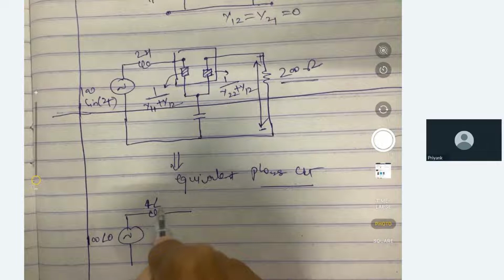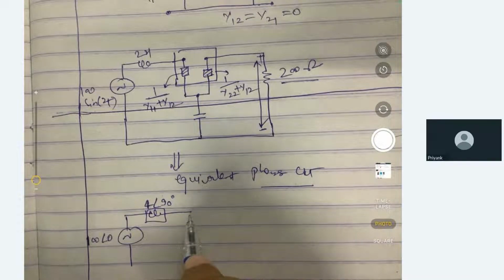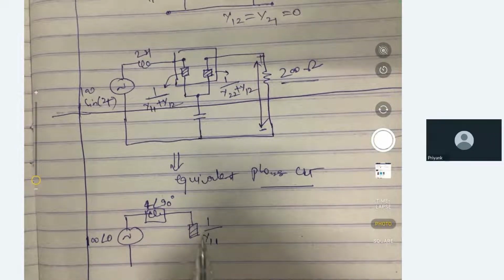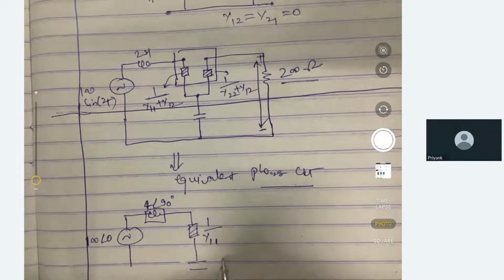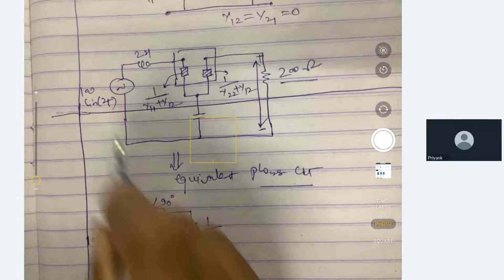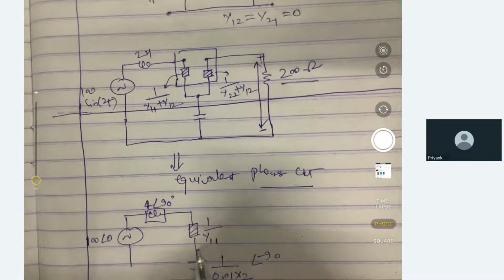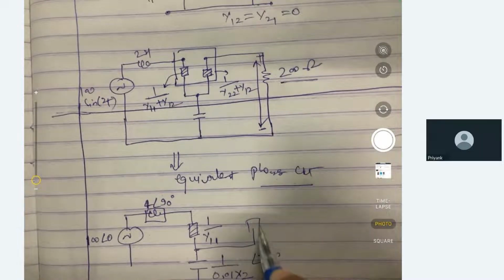This will be the equivalent impedance here. I would ask you to find out this 1 divided by y11, and this is the given impedance only. And here the capacitance is given, so 1 upon 0.01 times omega, with omega 2, at the angle of minus 90 degrees. And on this side, again you can find out, and this is 200 ohm.